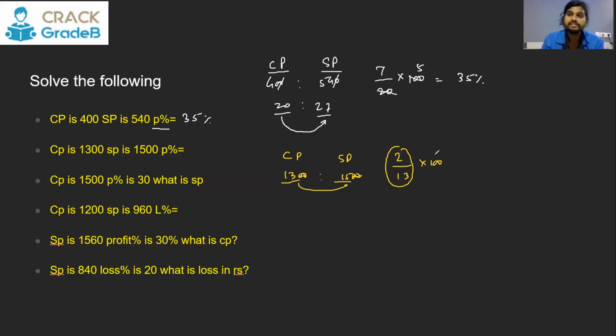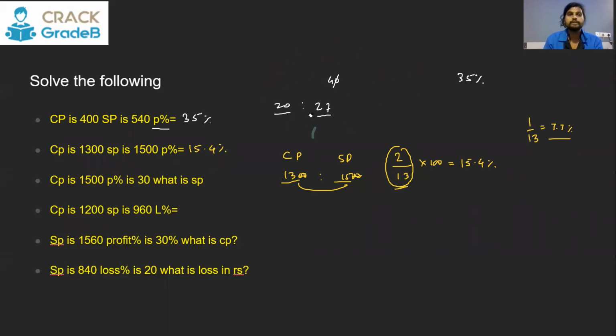So fraction is very, very essential. 1 by 13 has the fraction 7.7, approximately 7.7%. So 2 by 13 will have the fraction as 2 times of this, which is 15.4% approximately. So you can say here the profit is 15.4%.